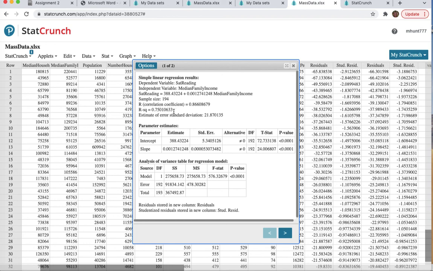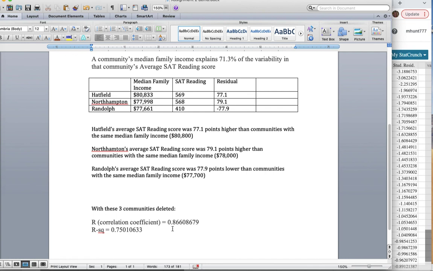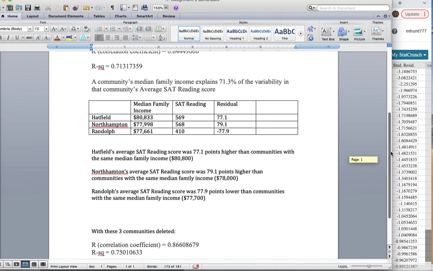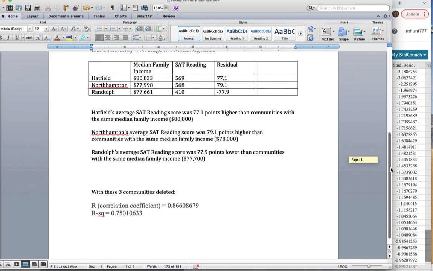R went up and R squared went up. R went up to 0.886 and R squared went up from 71, I believe, to 75, with those 3 outliers deleted. I hope this helps.